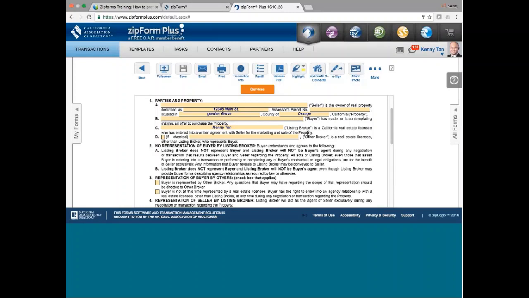All acts of listing broker, even those that assist buyer in entering into a transaction or performing or completing any of buyer's contractual or legal obligations, are for the benefit of seller exclusively. Any information that buyer reveals to listing broker may be conveyed to seller.